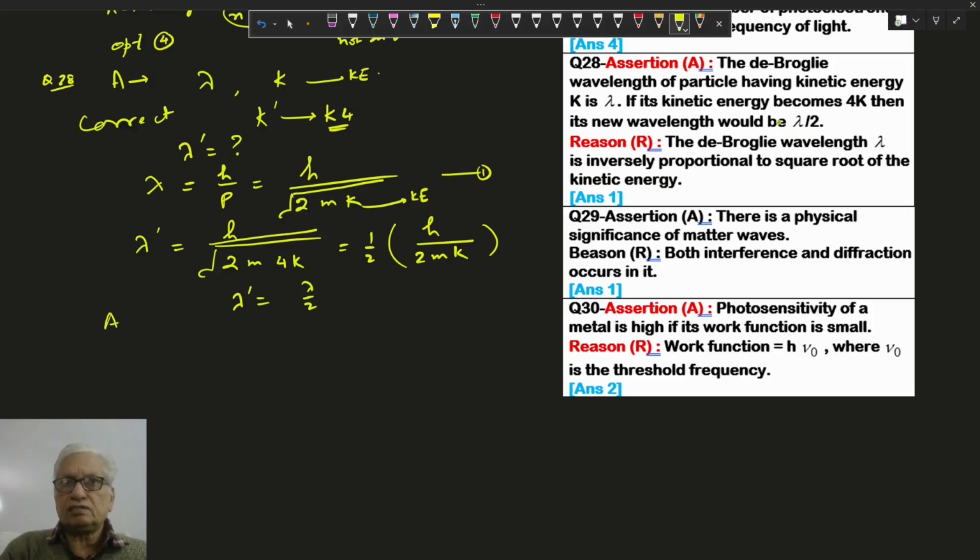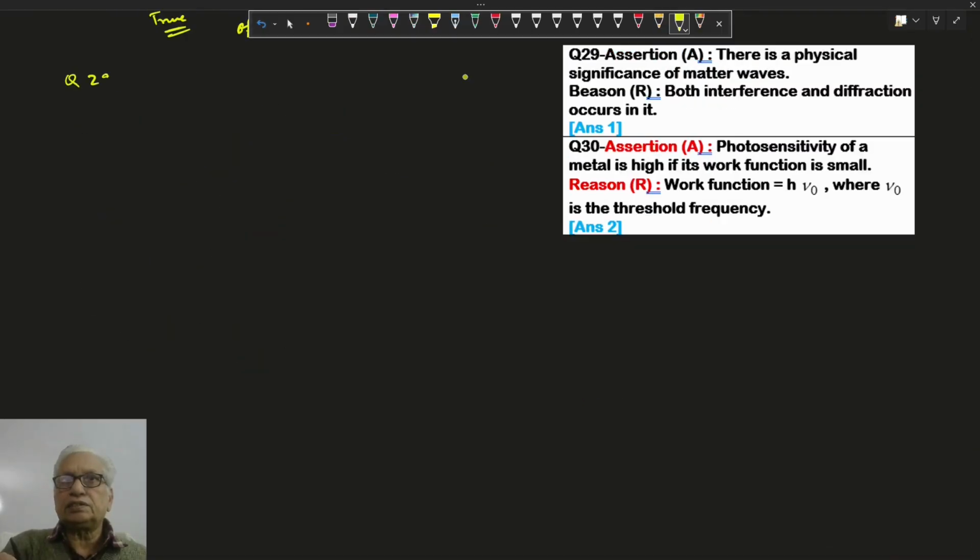Now the reason: de Broglie wavelength is inversely proportional to kinetic energy. From this equation, lambda is inversely proportional to root of kinetic energy. So this is true, and the reason is explaining the assertion also. So option 1 is correct. Question 29. Assertion: the physical significance of matter wave.